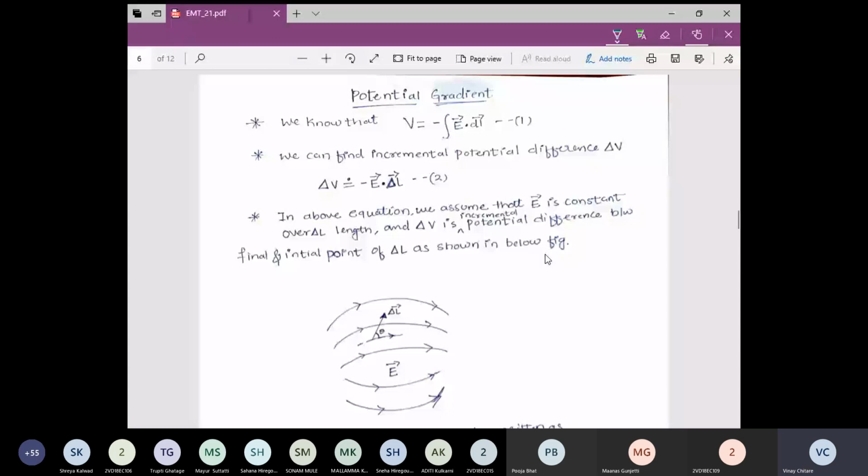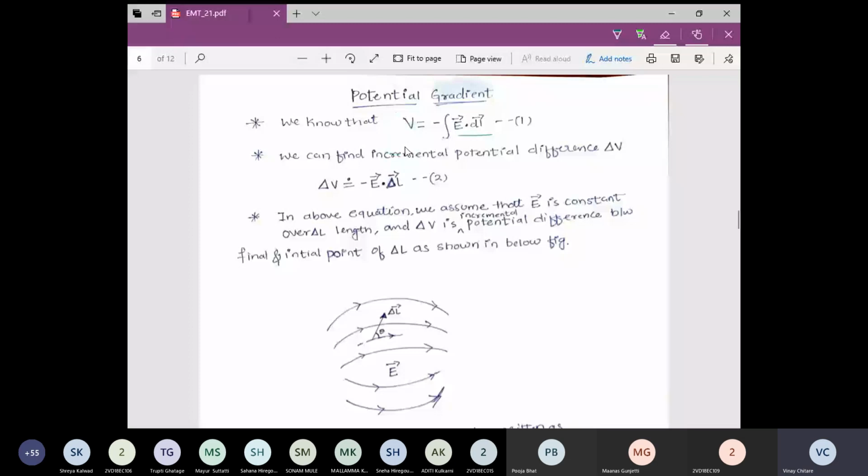We know that given the E field, we can find a potential field. That is what is known to us: V equal to minus the line integral of E dot dl. So my next question is, is it possible to find an E field given a potential field? Let us see how we can do that.